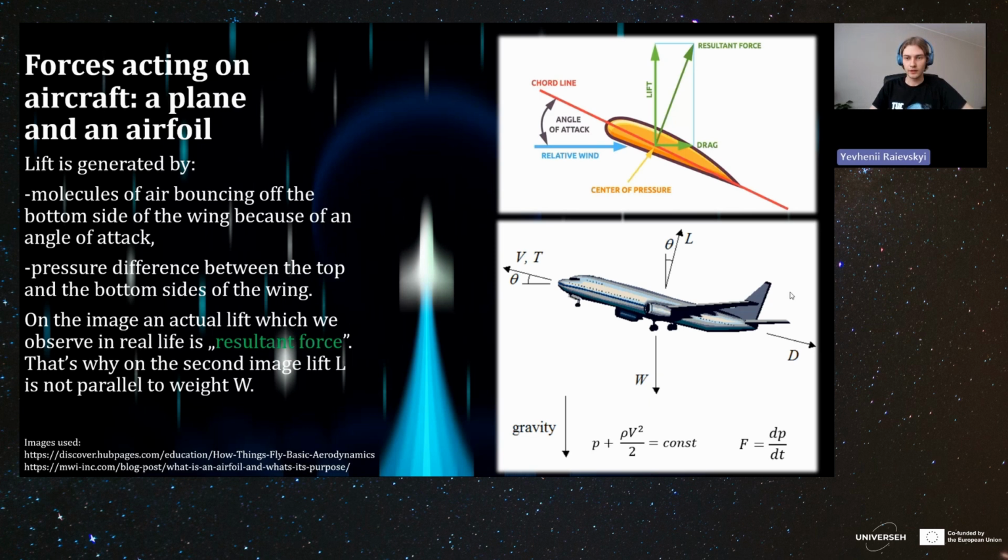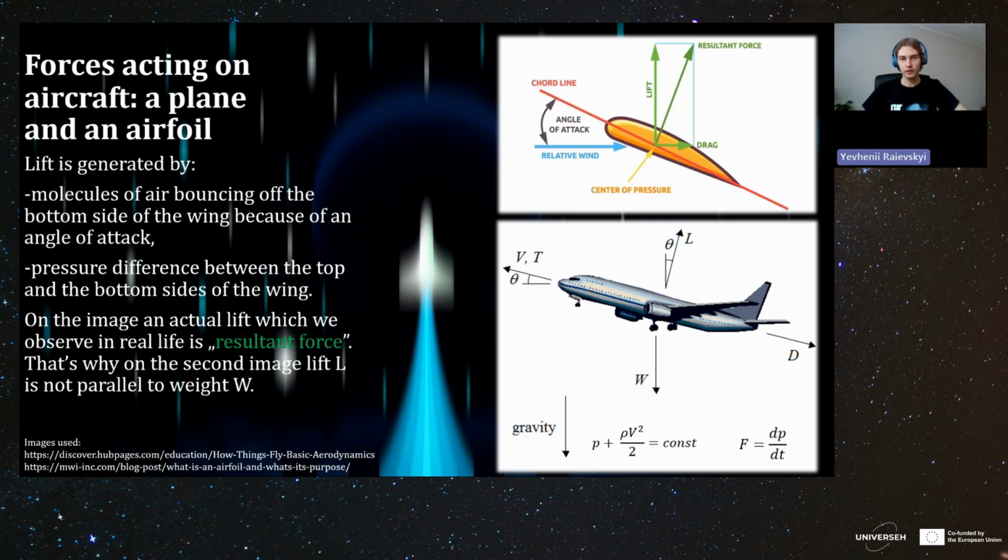You can imagine that those molecules just bounce off this bottom side. If they bounce off, they change the momentum, and if there's a change in momentum, a force from the wing side must be applied down.